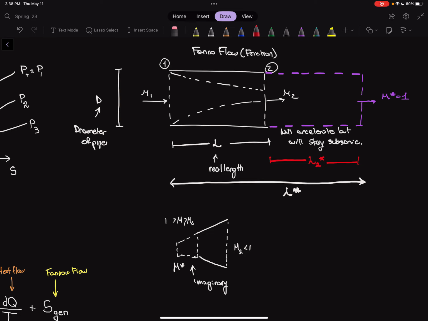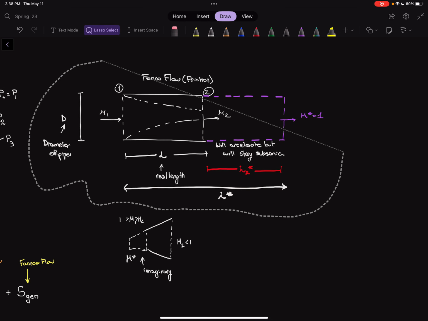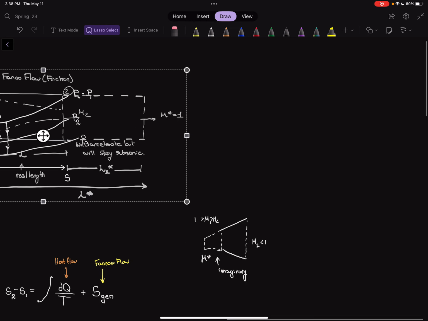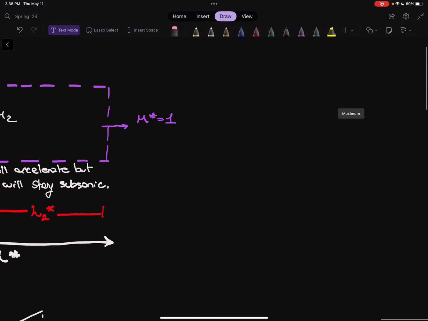Okay. So in the homework they give this. It's 0.1. I don't remember. Let me look. 0.6.